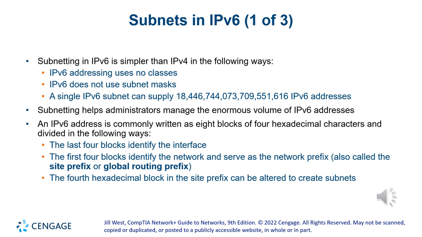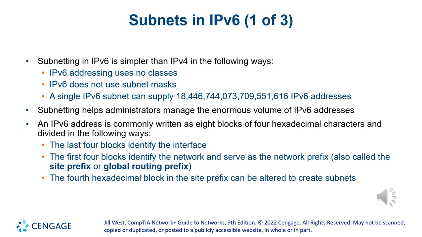The first half identifies what's called the prefix, and the last half is the interface. The interface is basically what is assigned to your IP address. Remember, that was like a hash that the computer does with its own MAC address to create those last 4 blocks. But the first half is what's called the site ID, or the site prefix. And on those 4 blocks, the last one, the 4th one, can be changed to create your subnets.